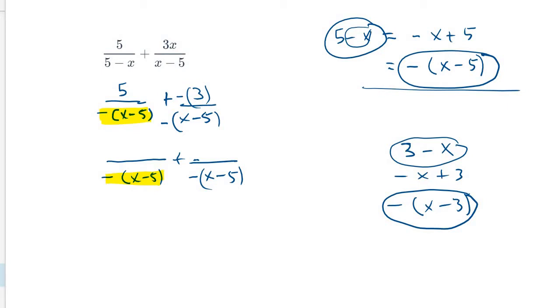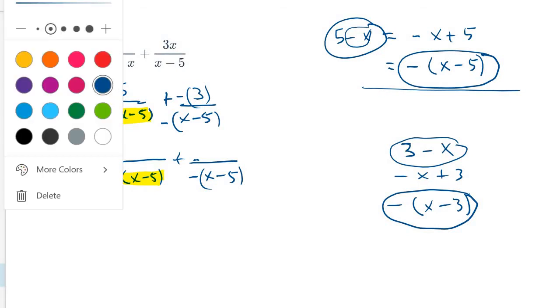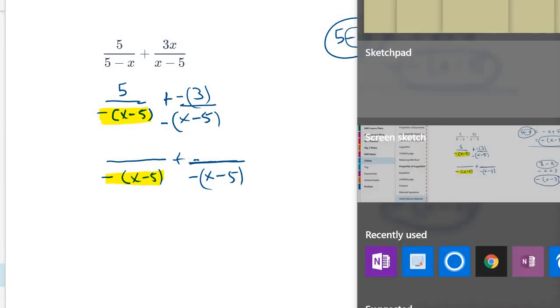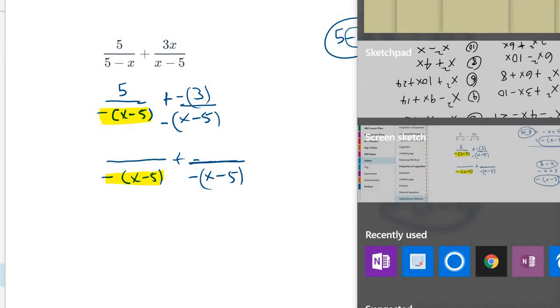All right. So now we're almost ready to finish it off just like we have been doing. So this is what we will do now. We got the same denominator. So what we do is add the numerators together. So we're going to have 5.